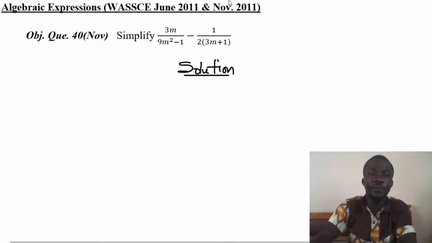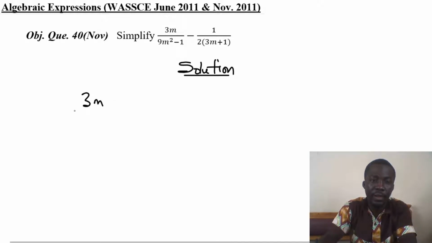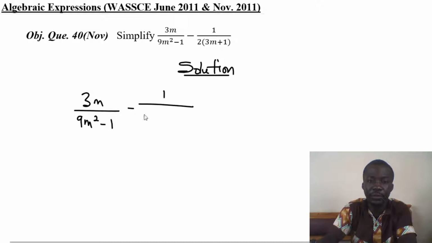In objective question 40 November, we have to simplify 3m divided by 9m squared minus 1, minus 1 divided by 2 into bracket 3m plus 1. To simplify this, we have to find the least common denominator.